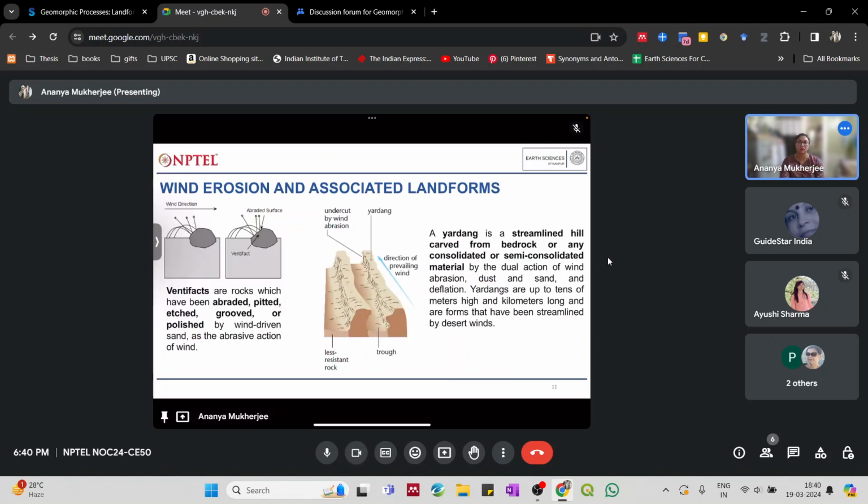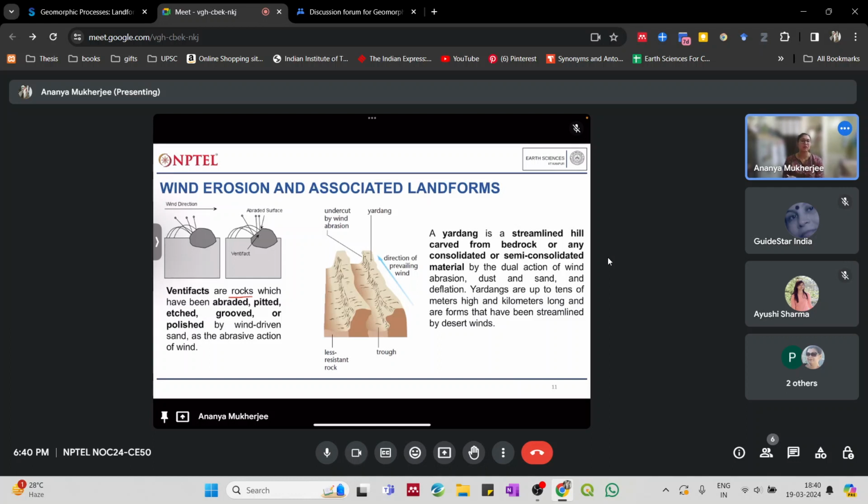Now, another few features that are formed during the erosional part of the wind geomorphic processes. One of them is called ventifacts. Ventifacts are an example of how abrasion changes the appearance of the rocks or the landscape. These are rocks which have been abraded, pitted, or you can find grooves and scars on the surface of the rock.